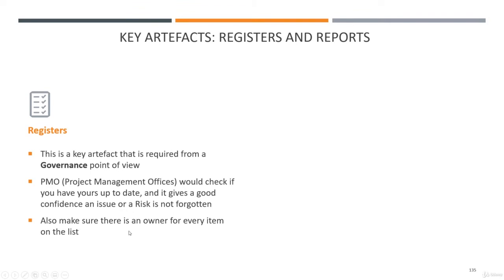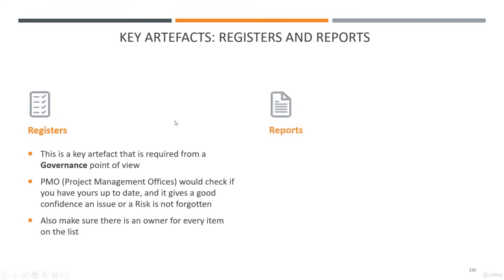Make sure there's an order for them. It doesn't take a lot of time. You could negotiate and have only the key issues in there. So it's up to you to use your common sense, and when a stakeholder says, well, you should put them all, then use your common sense and say, well, the overhead is just too high. I've decided not to put this in the issue register.